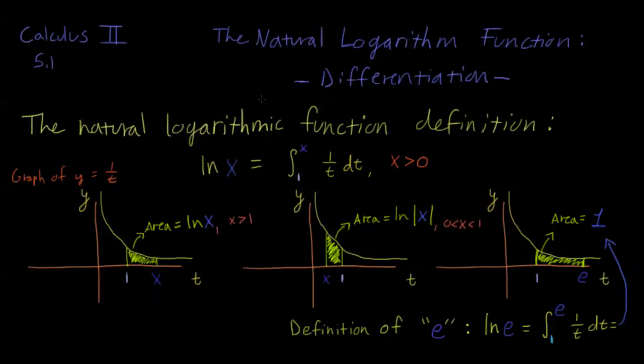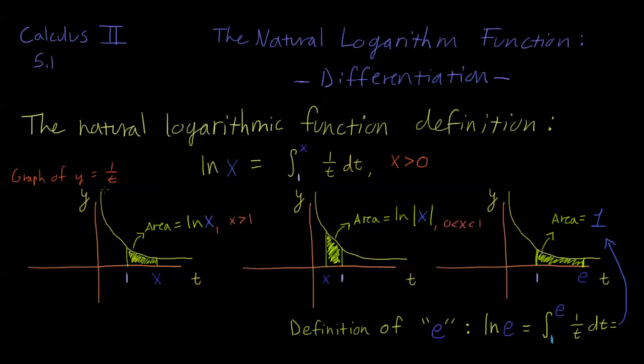So it turns out we define the natural logarithm function by this equation right here, which states that the natural log of x is equal to the integral from 1 to x of 1 over t dt when x is greater than 0.